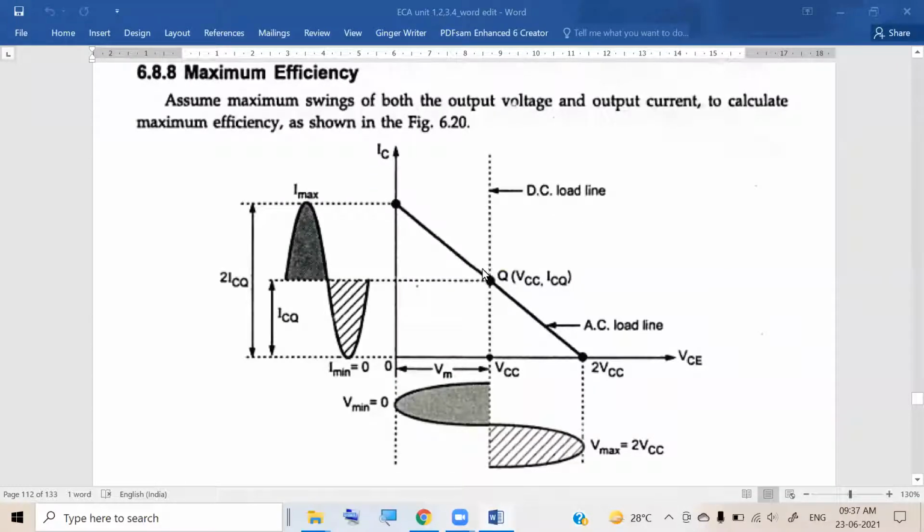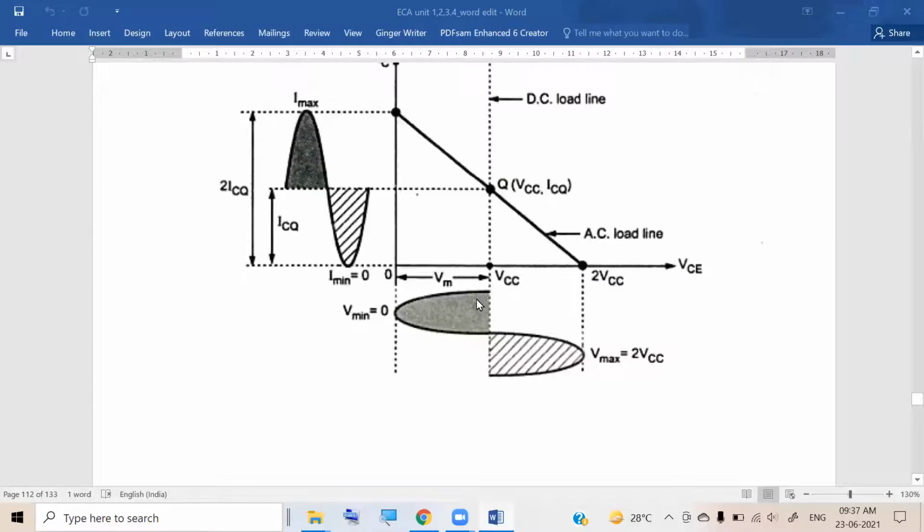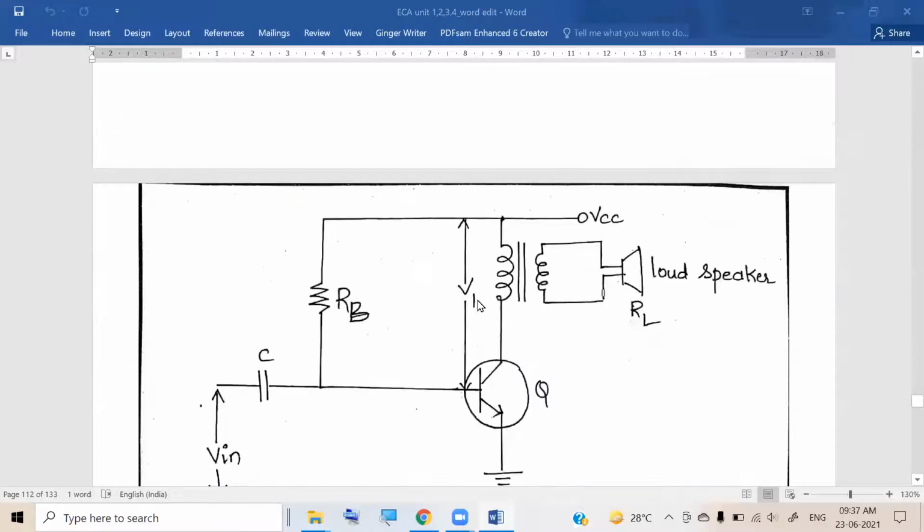So now the situation from the AC point of view will become somewhat similar to the previous amplifier. From the AC point of view, we have VCC, RL dash, and the transistor in the loop. We discussed something similar in the previous case, when we had VCC, RL and VCE.